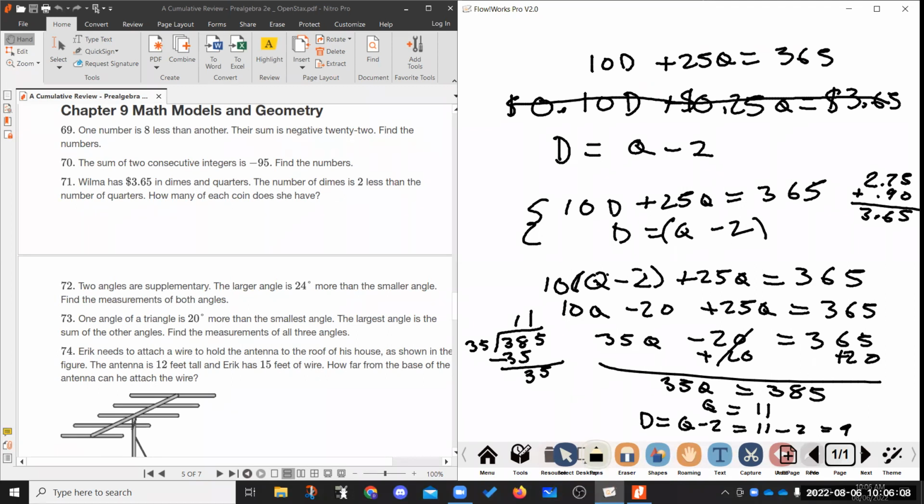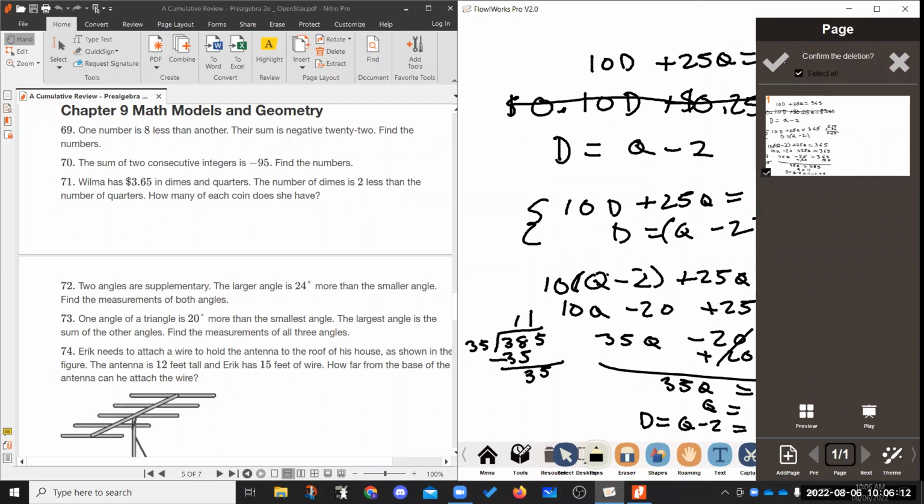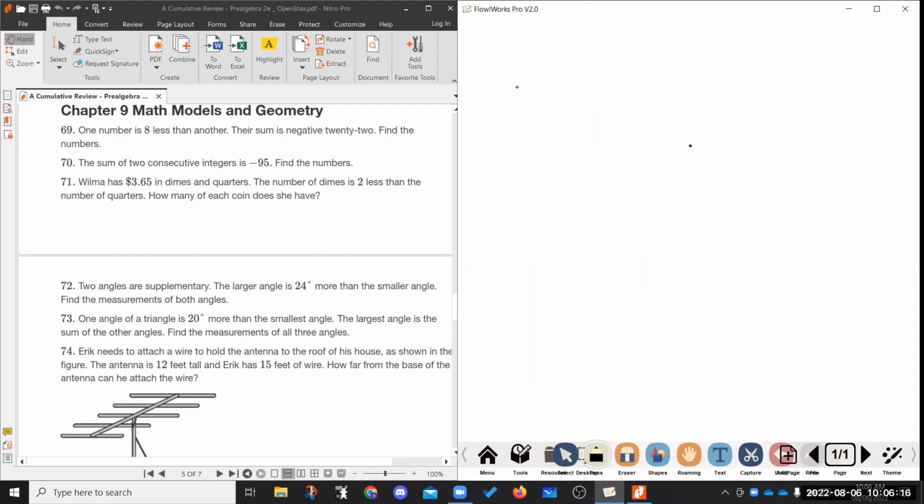Let's go ahead and clear all this. Let's look at number 72. Two angles are supplementary. Supplementary angles are ones that add together to be 180 degrees. Complementary angles add together to be 90 degrees. So supplementary angles. So angle 1, we're going to call x.